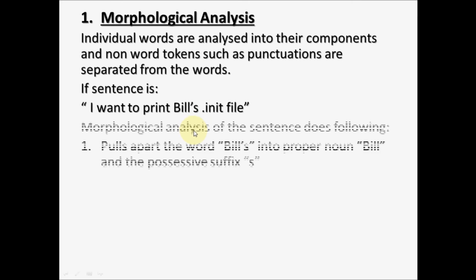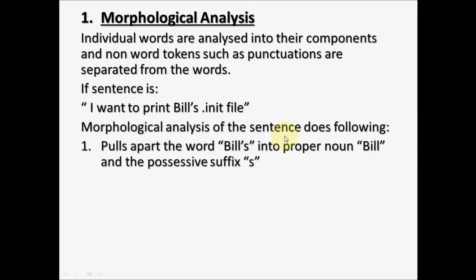So morphological analysis of the above sentence basically does the following. First, it will pull apart the word "bill's" into a proper noun "bill" and the possessive suffix "s." So after the apostrophe is removed, this word will be a proper noun, which is bill, and s will be a possessive suffix, and the apostrophe will be removed. That's the first thing it will do.